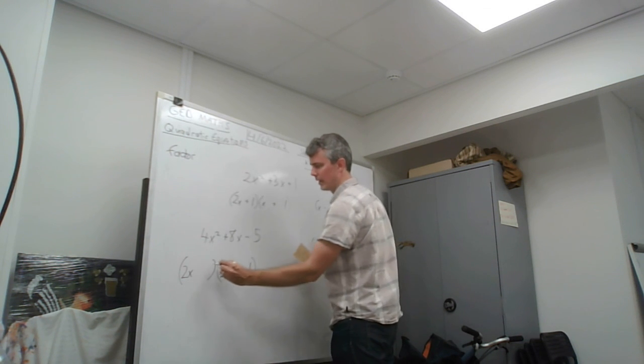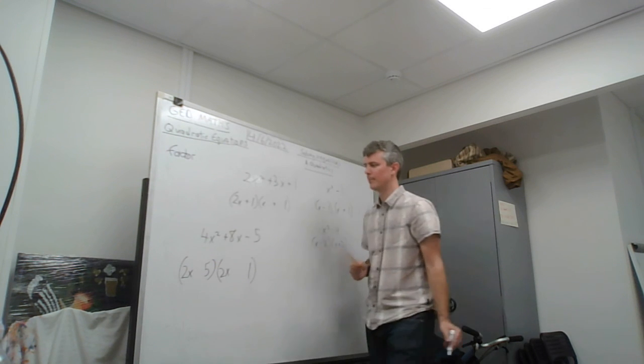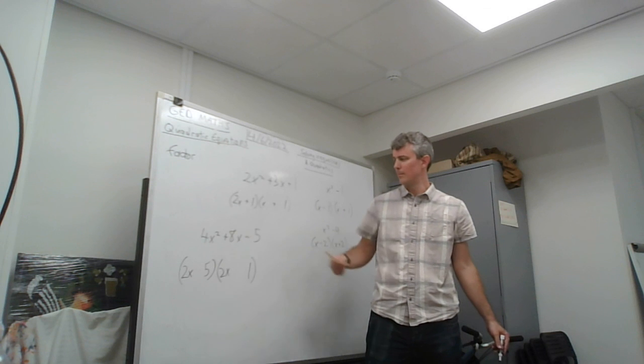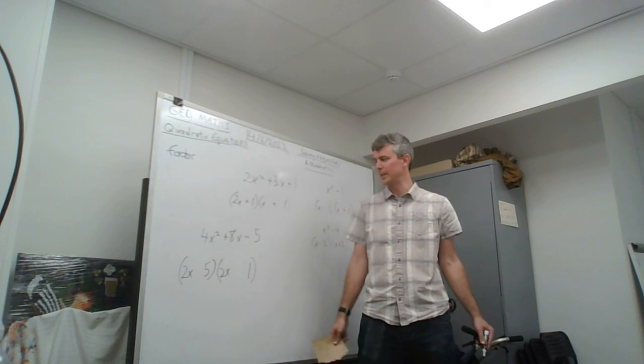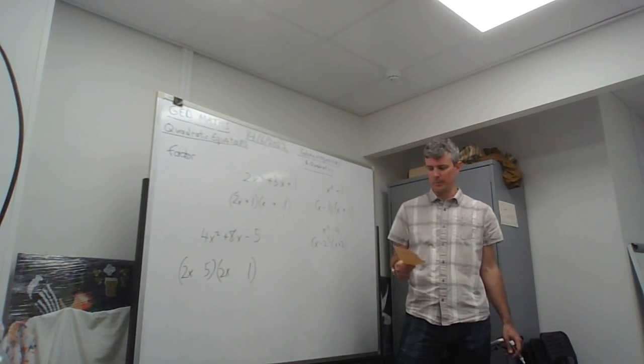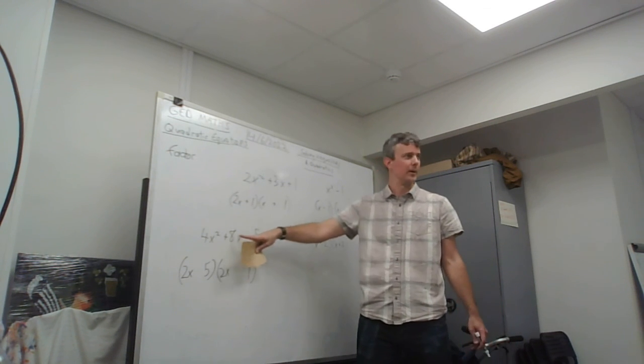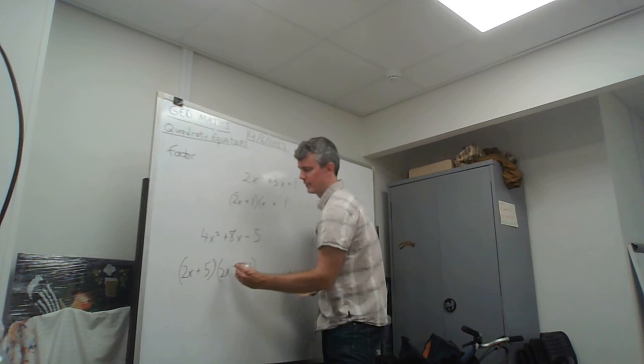So 1 and 5. Okay? And now it's a negative, right? So one must be positive and one must be negative. Which one do you think will be positive? The 5, because this is positive, right? So plus, and this will be negative.